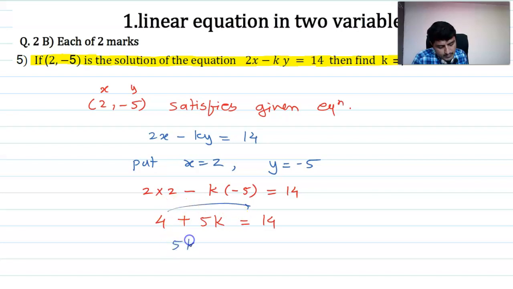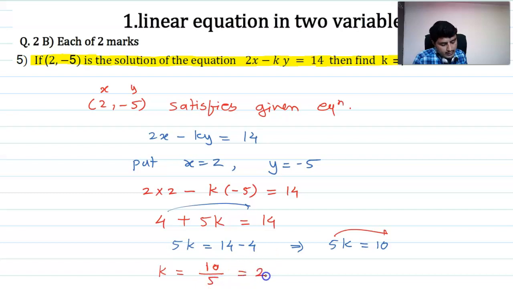Plus 4 becomes minus 4, and 14 minus 4 gives 10. So 5k equals 10. We have to evaluate the value of k, so shift the 5. The 5, which is a multiplier, after shifting becomes a divisor. 5 2s are 10. So the value of k is 2.